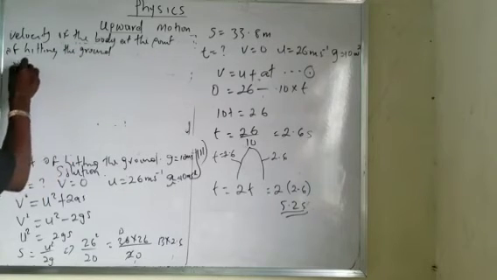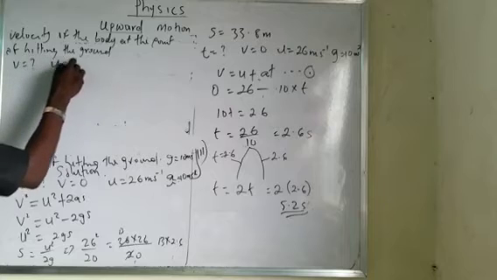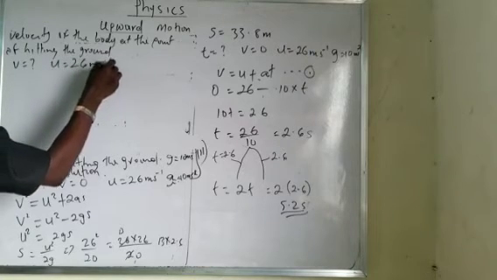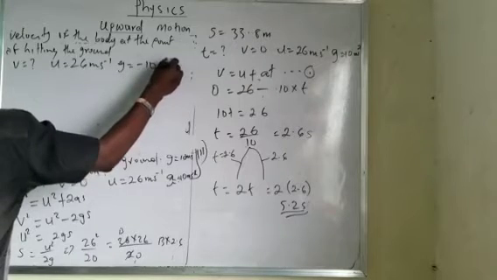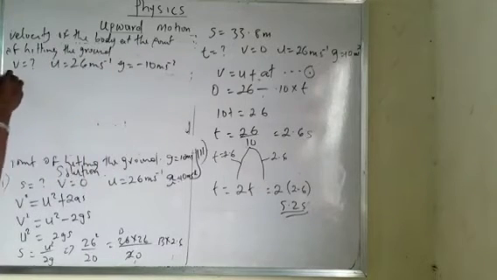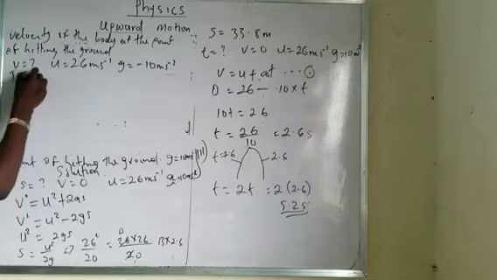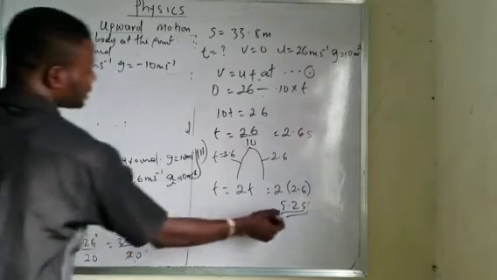So v is unknown, my u is 26 meters per second, my g is minus 10 meters per second squared, and my t will be 5.2 seconds. We have done that earlier.